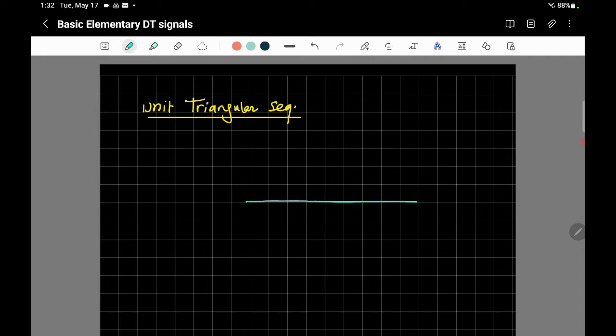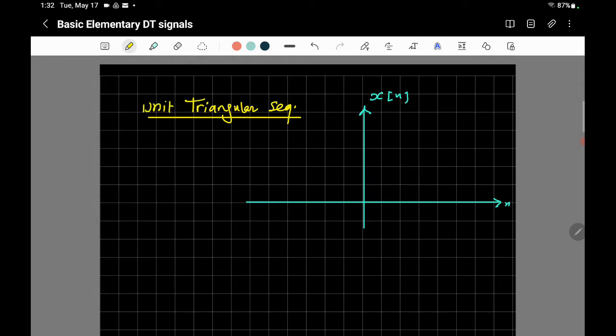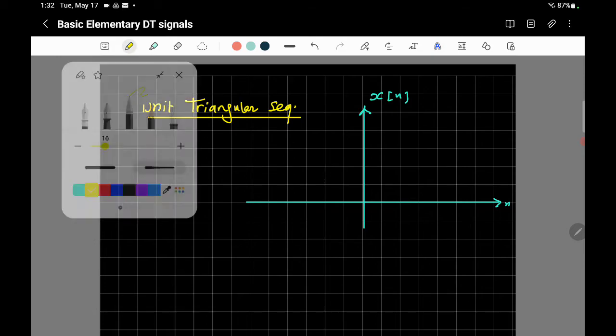So that's the horizontal axis n, and that's the vertical axis x of n. And I'd like to do the continuous time version first and then show you how to do the discrete. So let me use this.